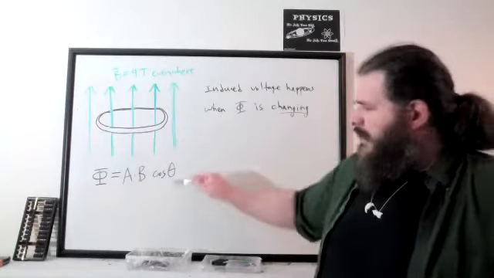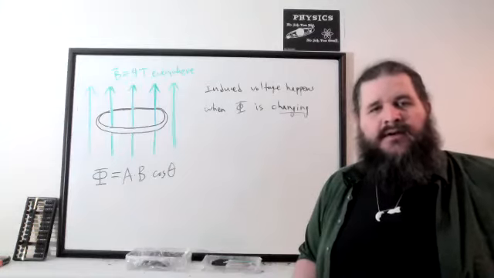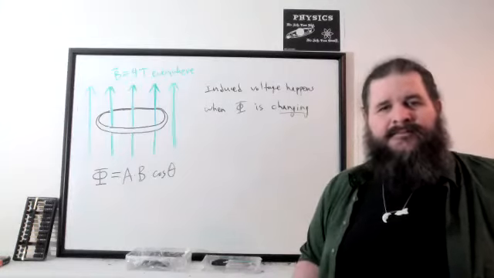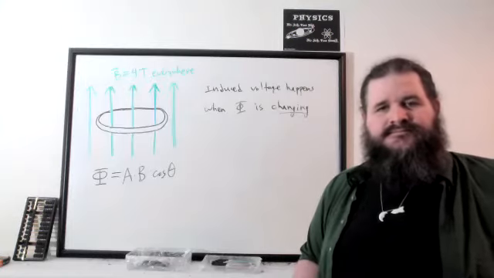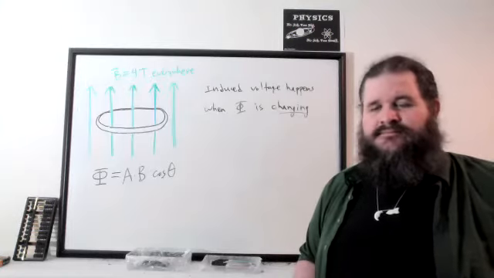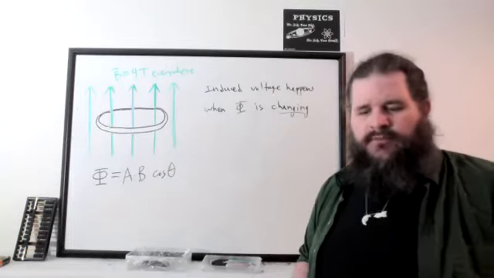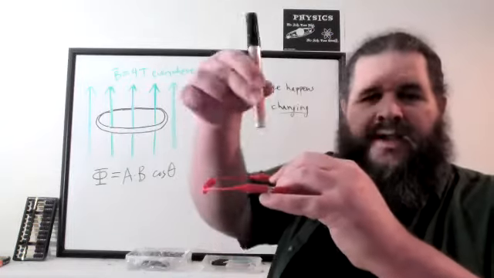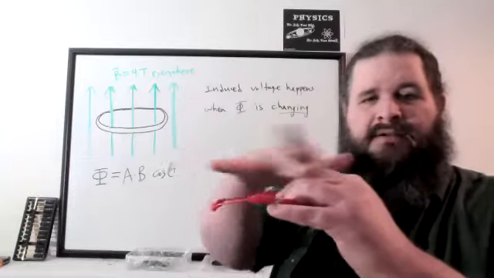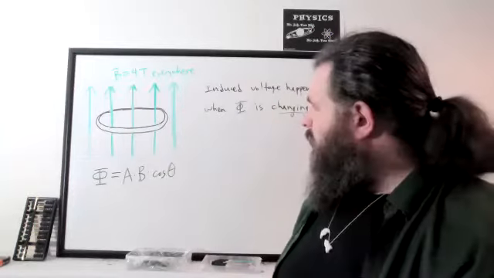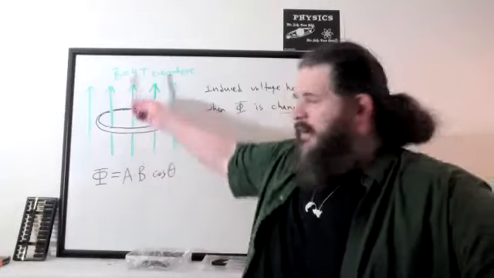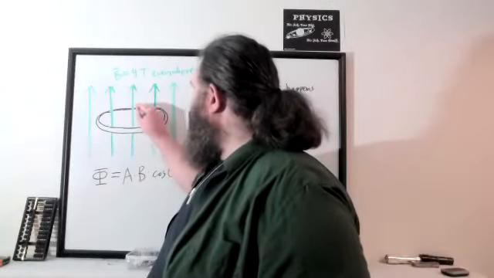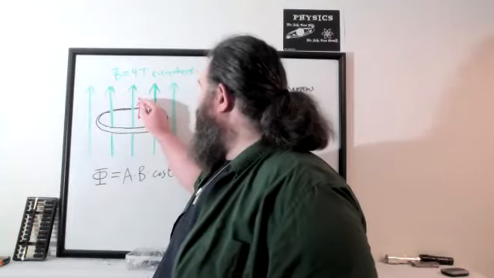And of course, for the angle, we should choose a normal vector. Which direction would be useful to use as the normal vector here? Probably upwards, yeah. With a horizontal loop of wire, our options are straight up or straight down, because those would be perpendicular to the surface. And it's more convenient if you choose the one that agrees with the existing magnetic field. So let's say upwards is our normal vector.